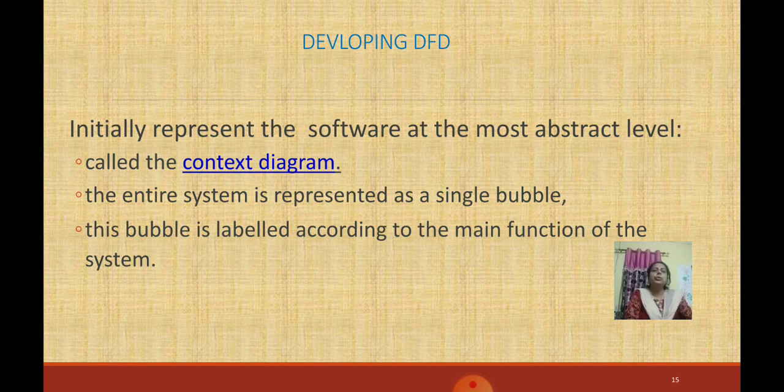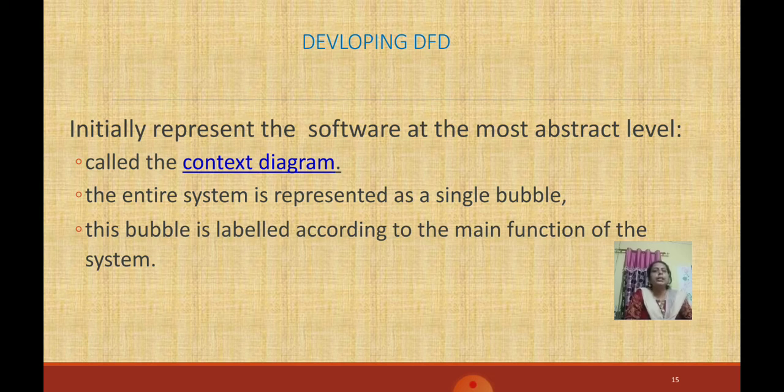Then how to develop a DFD? Initially represent the software at the most abstract level, called the context diagram. Means first of all, to represent the most abstract level of a software, that is known as the context diagram.